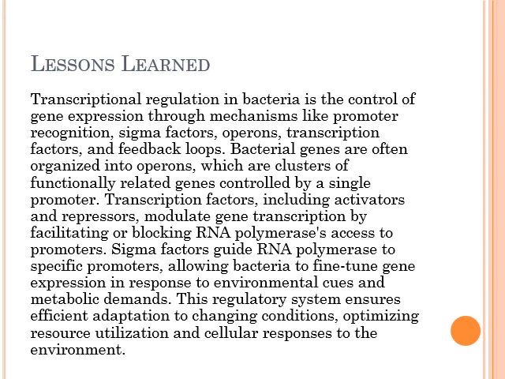If you stop RNA polymerase from binding, it slows transcription down. Sigma factors in RNA polymerase help recruit polymerase to a very specific promoter, and that lets bacteria fine-tune what gene product they're going to get at any given point. It lets them respond to their environment very efficiently.